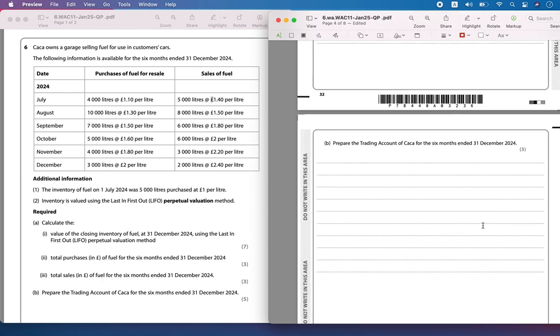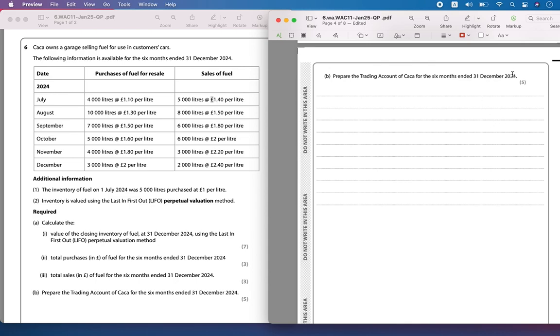Next, prepare the trading account of cocoa for the 6 months ended 31st December 2024. So let's prepare the trading account. The revenue is going to be equal to 53,200 pounds, which we calculated.